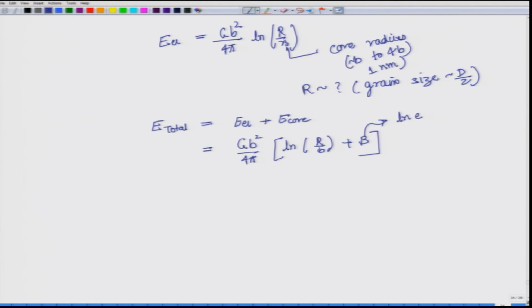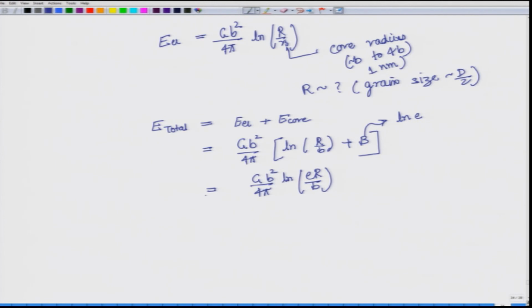Although this is an unknown quantity, people have said that this is of the same order as ln e, and it means that we can replace B by ln e, and this relation would become G b square by 4 pi ln e r by b.